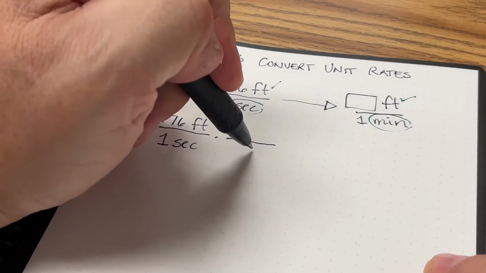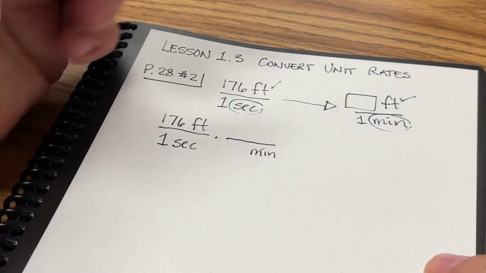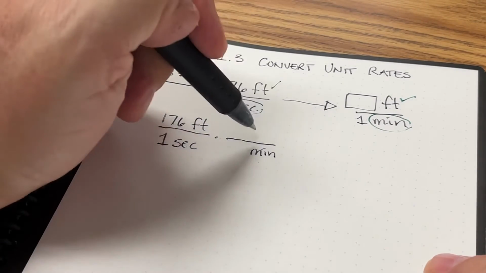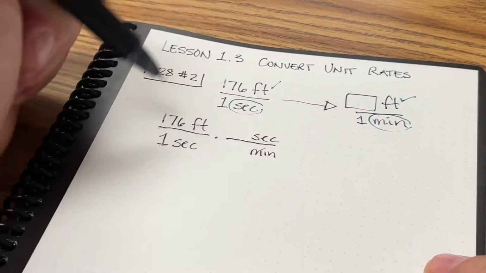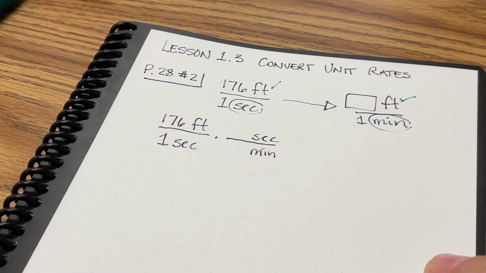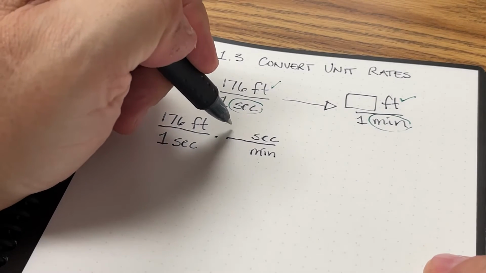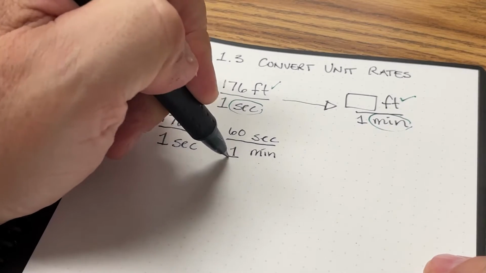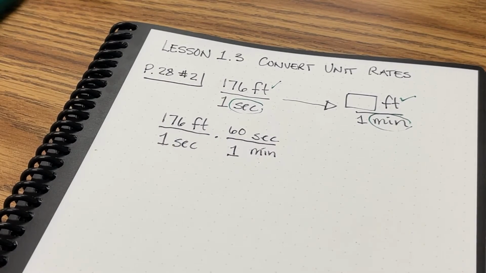So if I know I need minutes in my denominator, which I can see from up here, I'm going to put minutes down there. And then if I put seconds up here, well, that's going to be nice because then I'll be able to cancel out my units of seconds. Okay, so if I know that there are 60 seconds in 1 minute, now it's going to be really easy for me to continue on solving this problem.